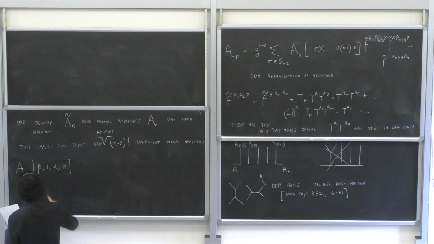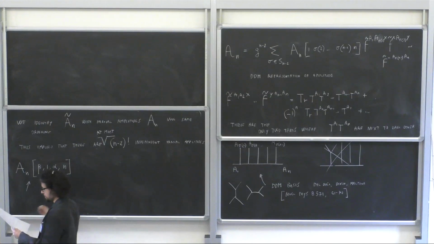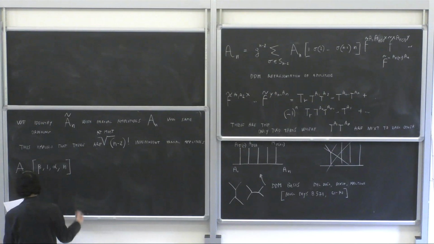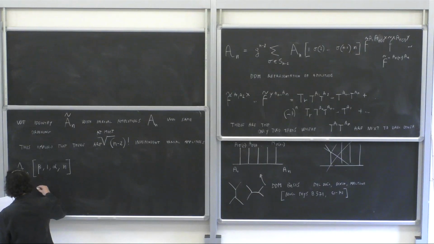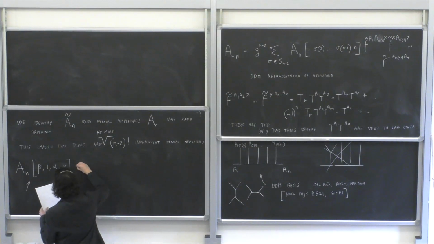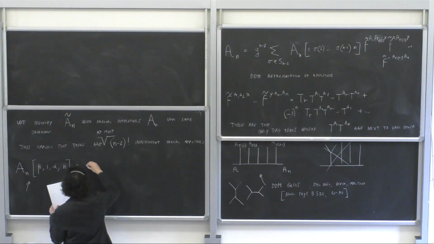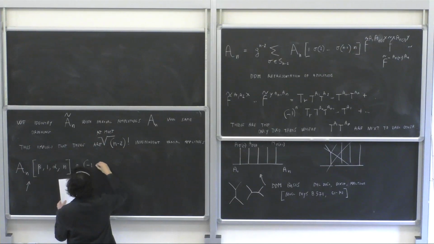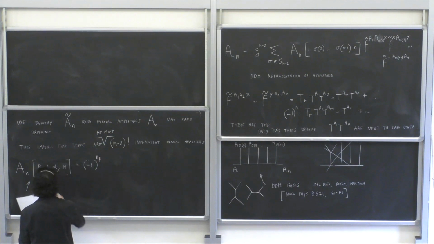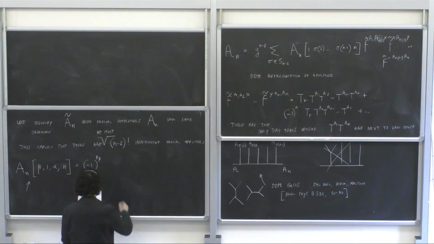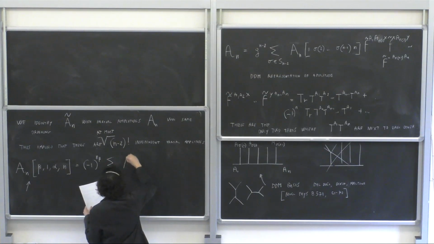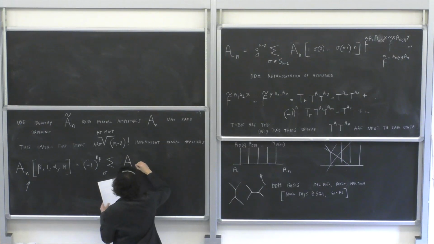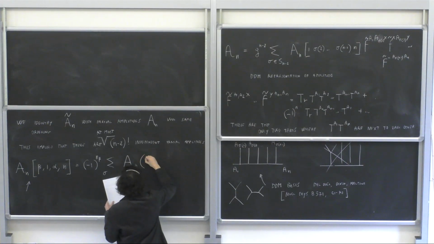And these are beta and alpha, two orderings of some subsets of the external states, which is not corresponding to 1 or n. Then we can express this as (-1) to the number of elements of the set beta, as a summation over particular permutations of the remaining legs.